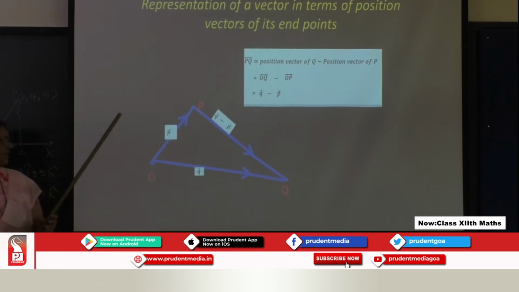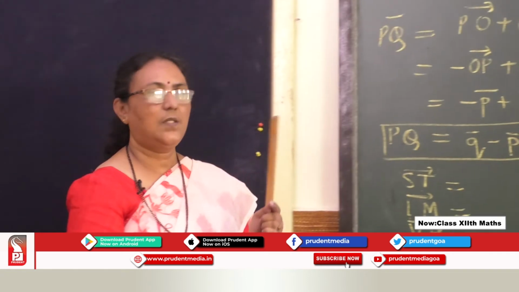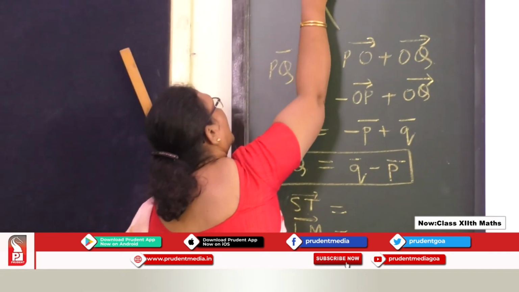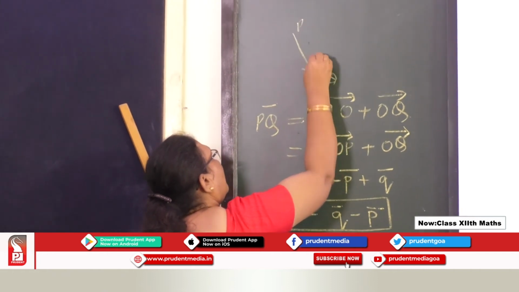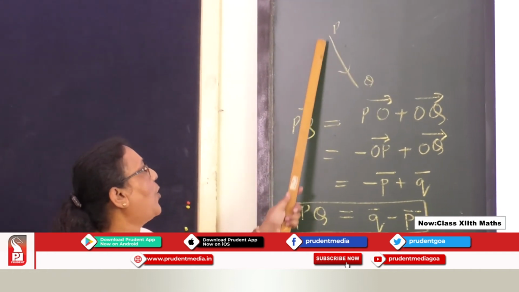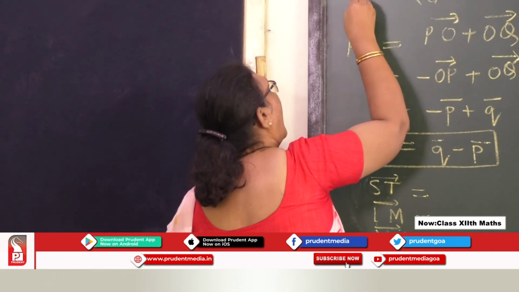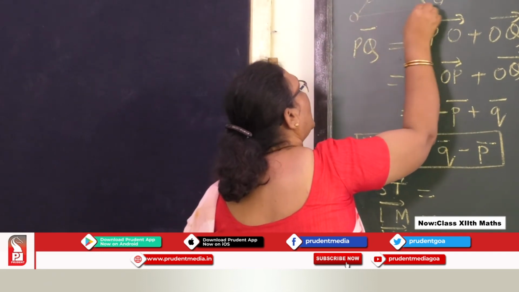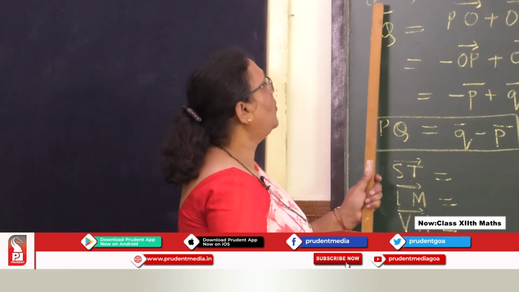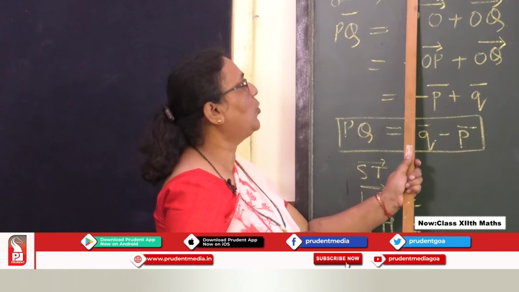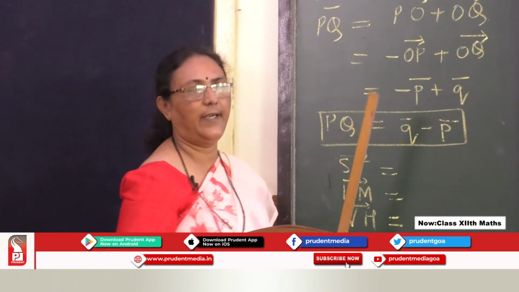I will explain this one more time. See vector P to Q; the vector is moving from point P to Q. So it is the same as P to O and O to Q. This is the triangle law of vector addition.